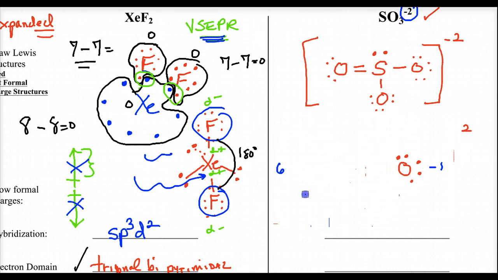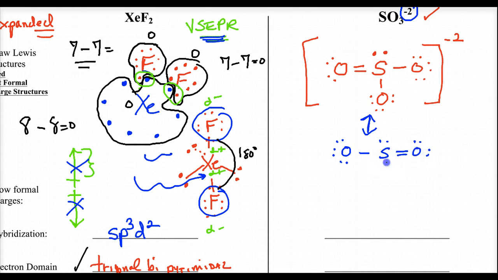So I would need 2 other structures. So let's do it. Double arrow to show that it kind of blends together. Sulfur, single bonded to an O. Don't forget the lone pairs. Single bonds will have 6 lone pairs. Double bond over here, 2 lone pairs. Single bond here. It's -2. And I need one more.